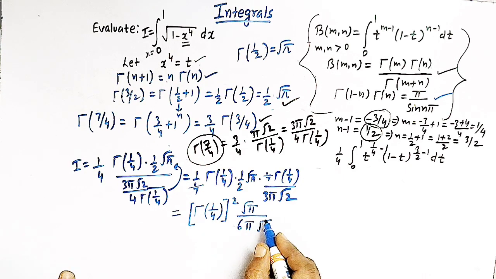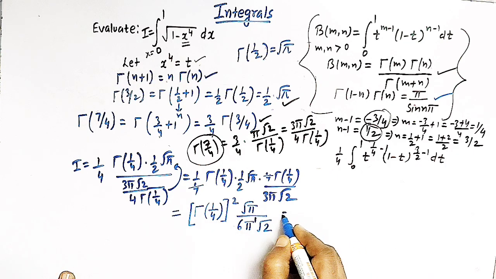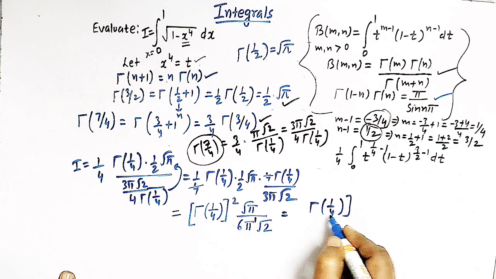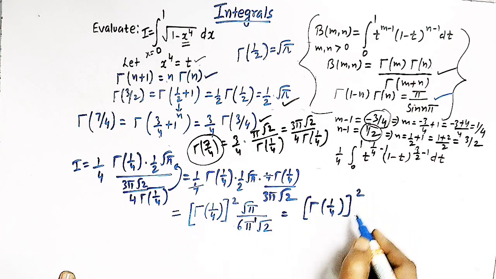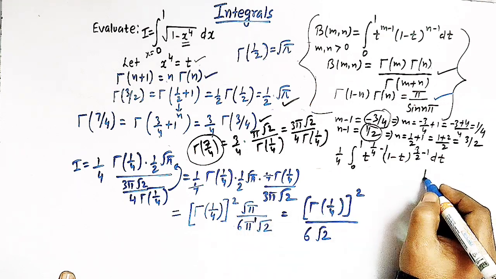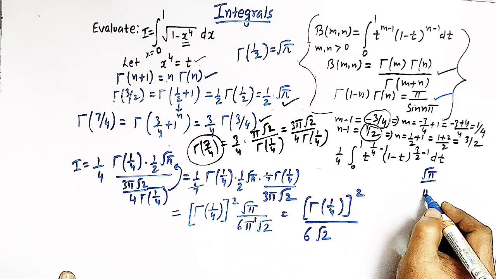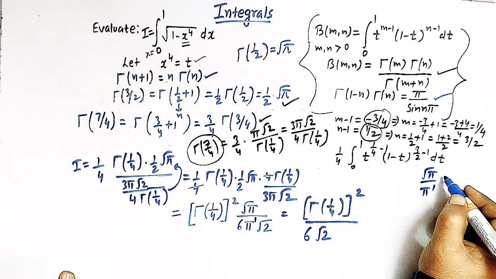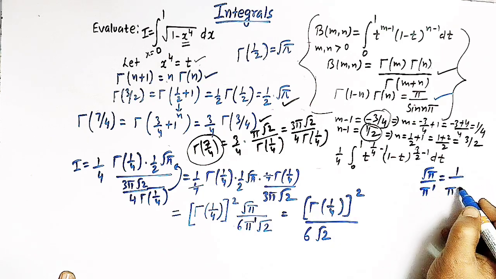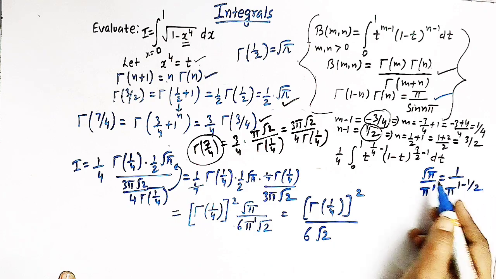So now see, here we have pi raised to 1, right? And we can now write gamma 1 over 4 square, and then we have 6 root 2, and here we have root pi over pi, right? And using the laws of exponents, we can now write 1 over pi raised to 1 minus half, right?